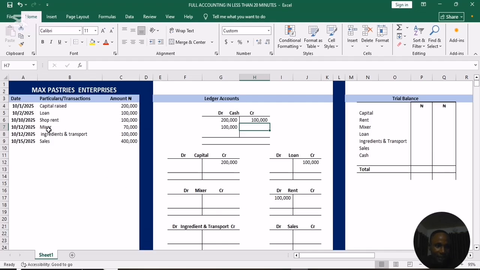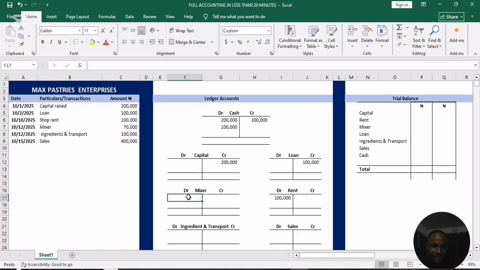The next on the line, we have the mixer. The mixer is basically an asset for Mass Pastry because it's meant to be used for more than one year. So it's not just an expense, but rather an asset. An asset is supposed to take out cash when you purchase it, so we'll have it on the debit side.